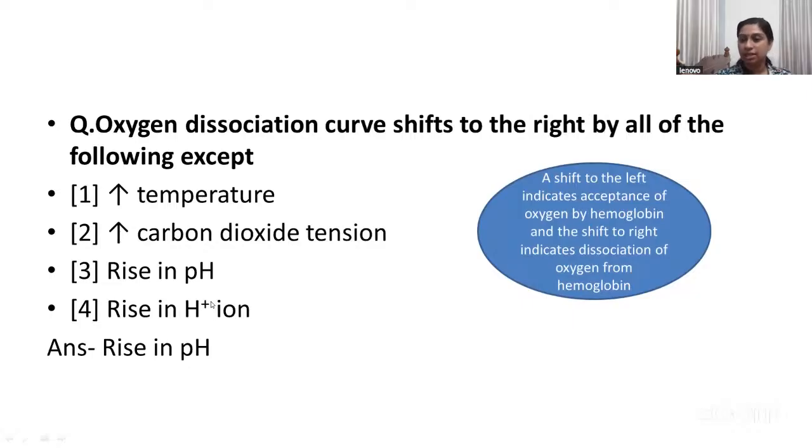A shift to the left indicates the acceptance of oxygen. I have already mentioned that a shift to left means acceptance of oxygen by hemoglobin, and shift to right indicates dissociation of oxygen from hemoglobin.